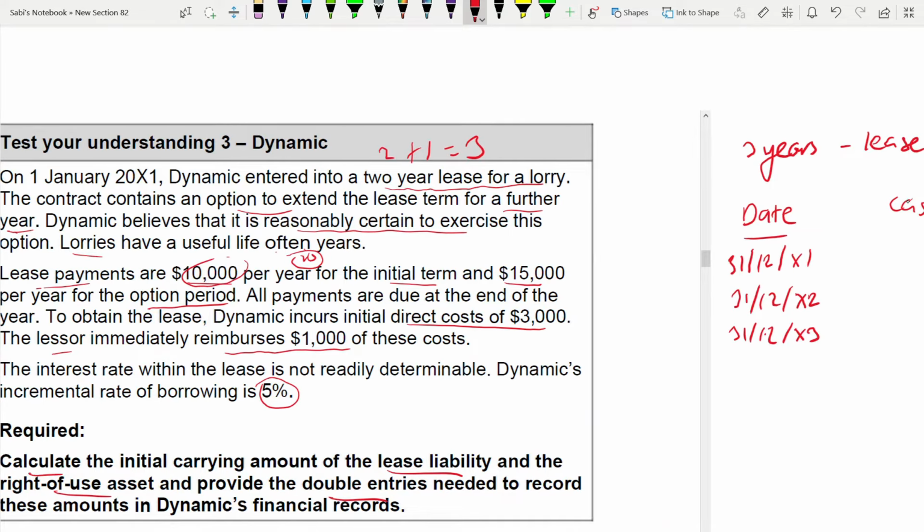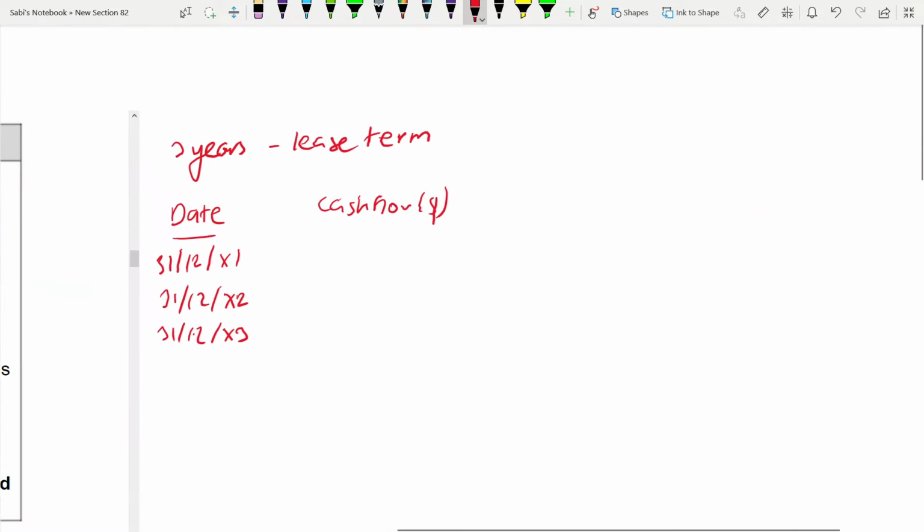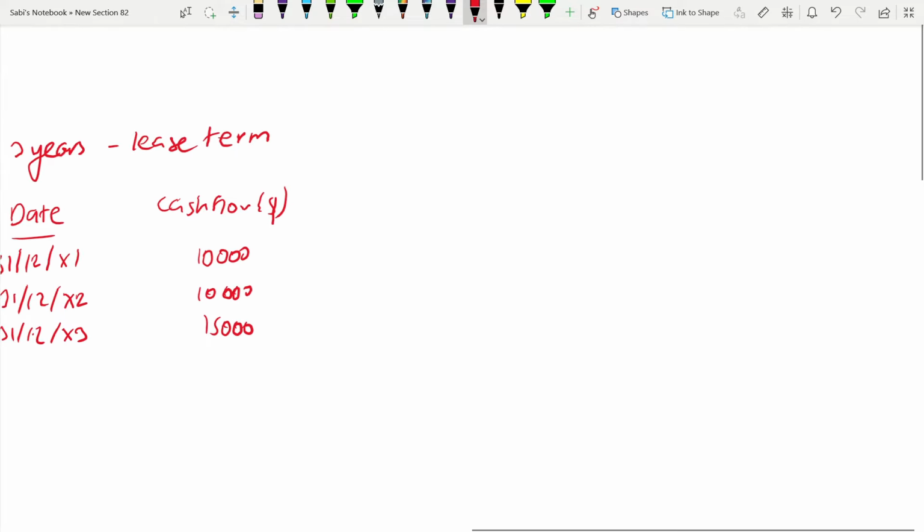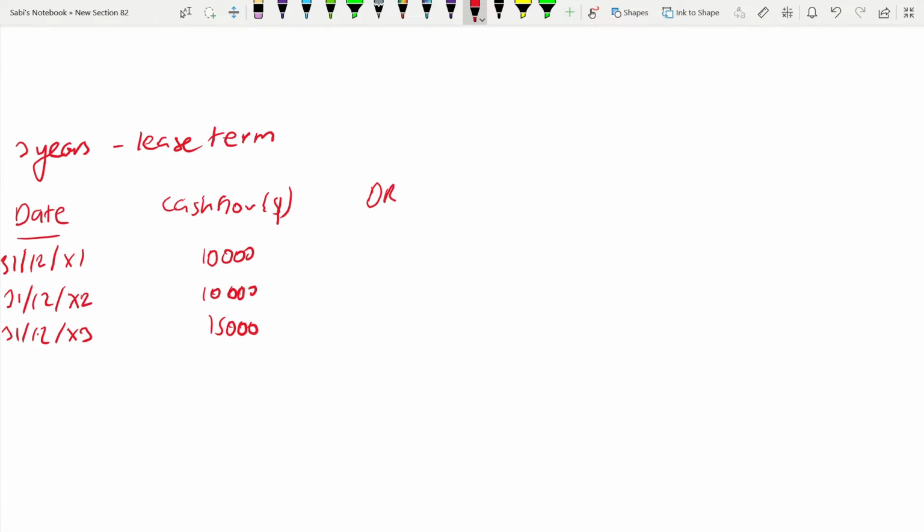First they told 10,000 without the option. The option, 15,000, comes in the third year. So it's 10,000, 10,000 and 15,000, because the third year is the option. Discount rate is 5%. So it will be 1 divided by 1.05, 1 divided by 1.05 to the power 2, 1 divided by 1.05 to the power 3.